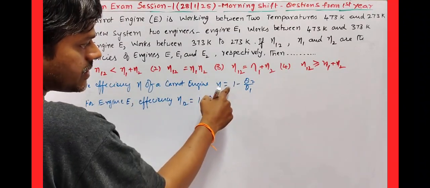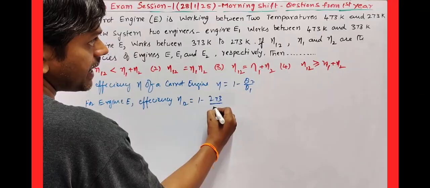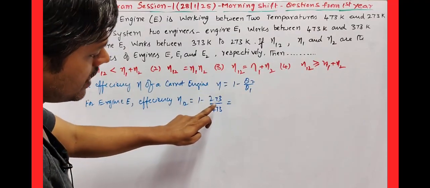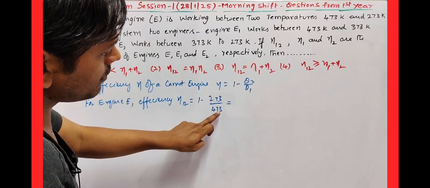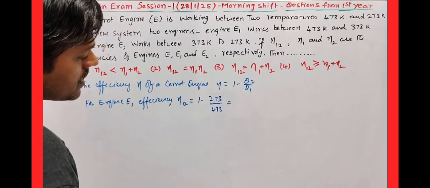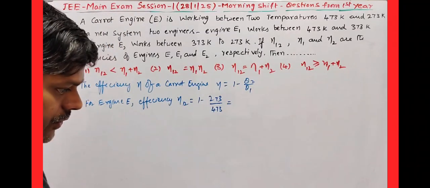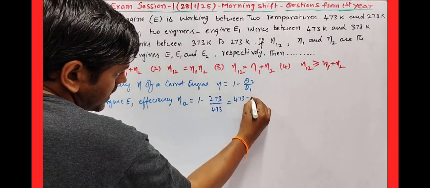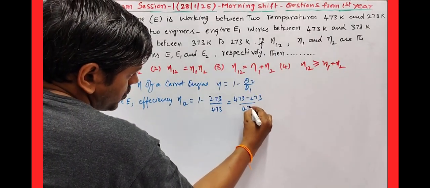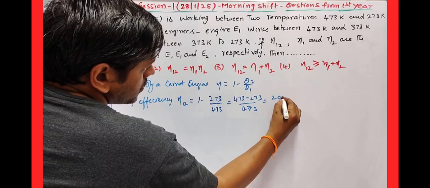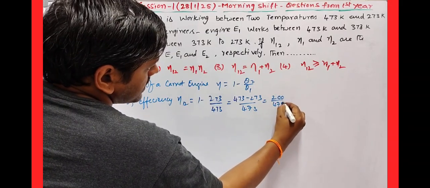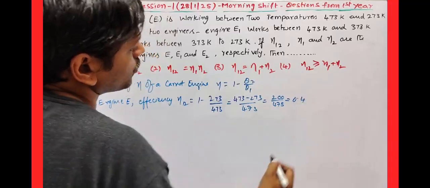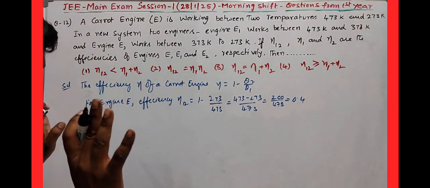For engine E, working between 473 K and 273 K, eta is 1 minus 273 by 473, which is (473 minus 273) by 473, equal to 200 by 473, approximately 0.4. I would like to approximate it.